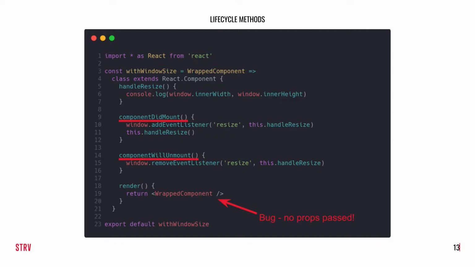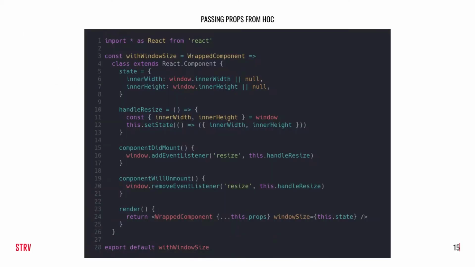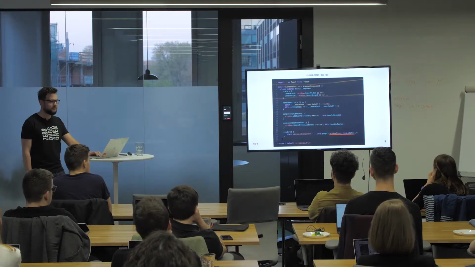So it would swallow all the props passed from upper components. Another thing that you can do with HOCs is manipulation of props. So again, when we have a similar HOC, here we can add another prop, for example from state, or you can do some manipulation with props passed from upper components and return it.